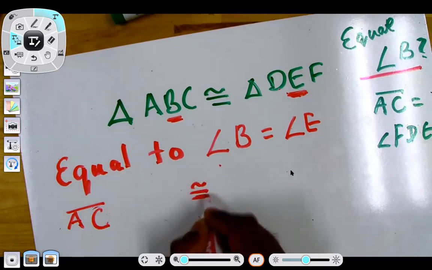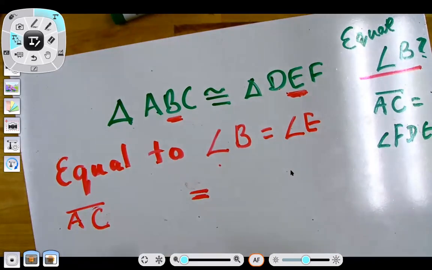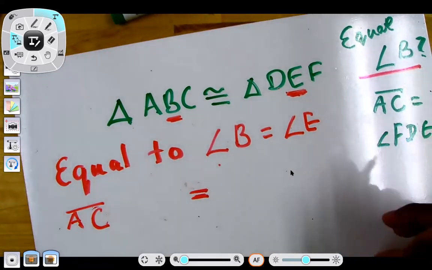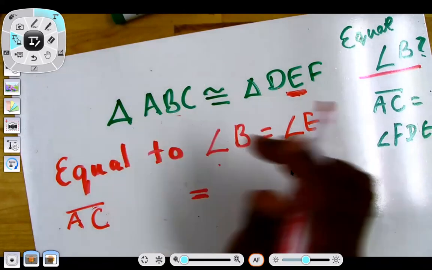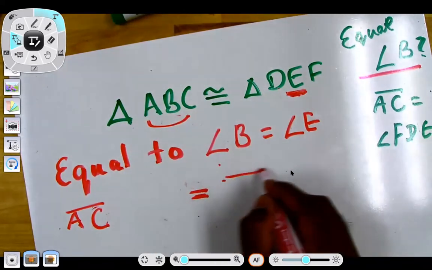Congruent to, or equal, I'll just put equal. What is it? AC, I'm just going to say line DF.